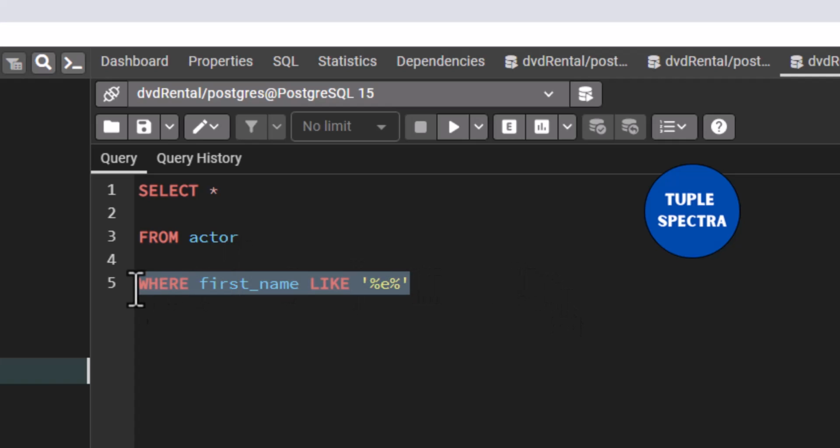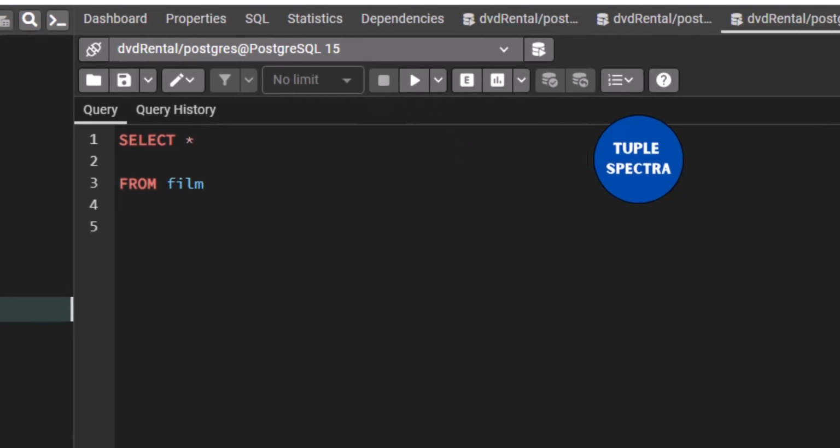Okay, let us take a look at another example. In this case, we are going to be using another table. As part of the DVD rental database tables, let us use the film table. Let us run the SELECT * FROM film. Very good.